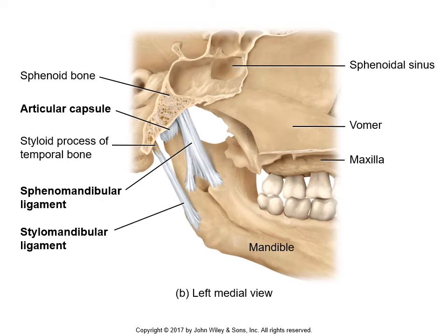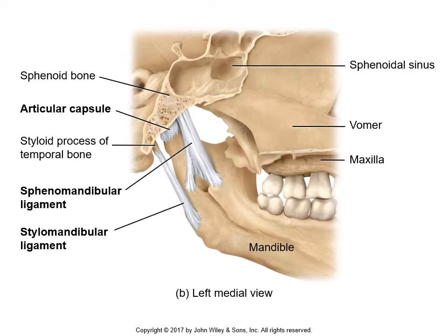So here are a couple of other ligaments. I don't really care that you memorize where they are, but pay attention to the stylomandibular ligament and the sphenomandibular ligament, the sphenoid bone, and the styloid process of the temporal bone.